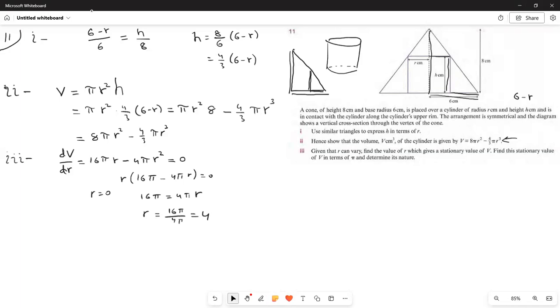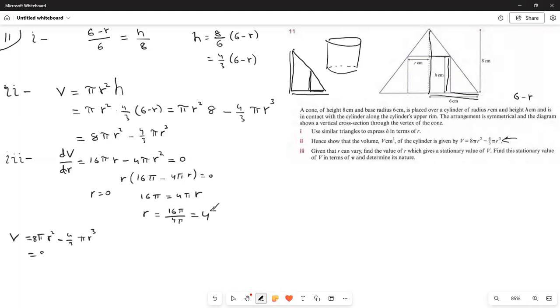Now, given that r can vary, we found the value of r which gives the stationary value of V. Let's find this stationary value of V. At this value of r, let's find the volume of the cylinder. The volume of the cylinder we know is 8 pi r squared minus 4 by 3 pi r cubed.